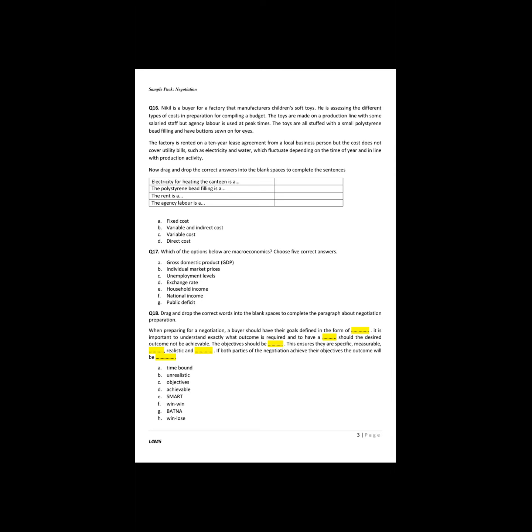Okay, so don't worry. Then the polystyrene bead filling. It's unfortunate that this time CIPS doesn't allow people to justify their responses.